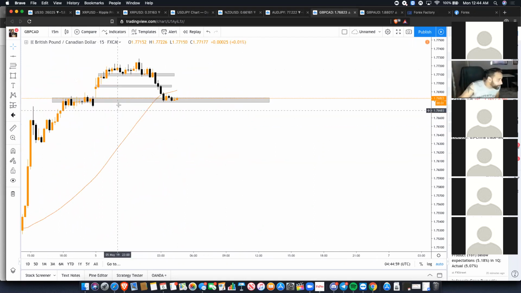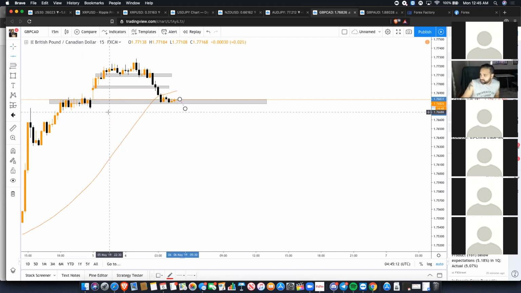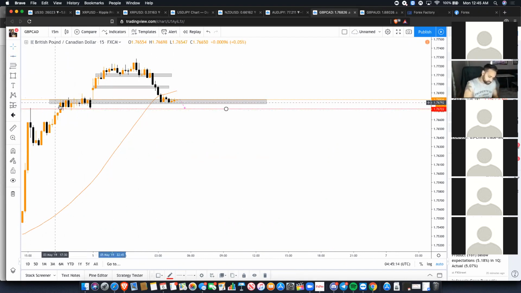So if we're going to sell this trade, what we're waiting for here is just the break of the zone. We'll probably see a push to this support area right here. You see how price is consolidating a lot here?